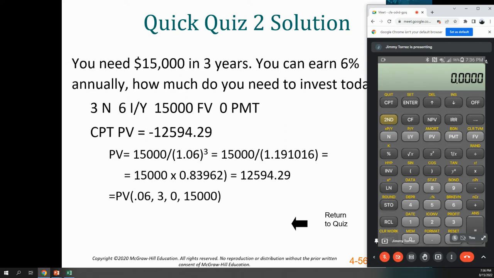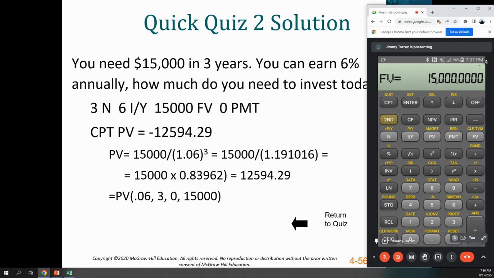With the calculator, 3 and enter, 6 I over y, enter, 15,000 is my future value, enter.